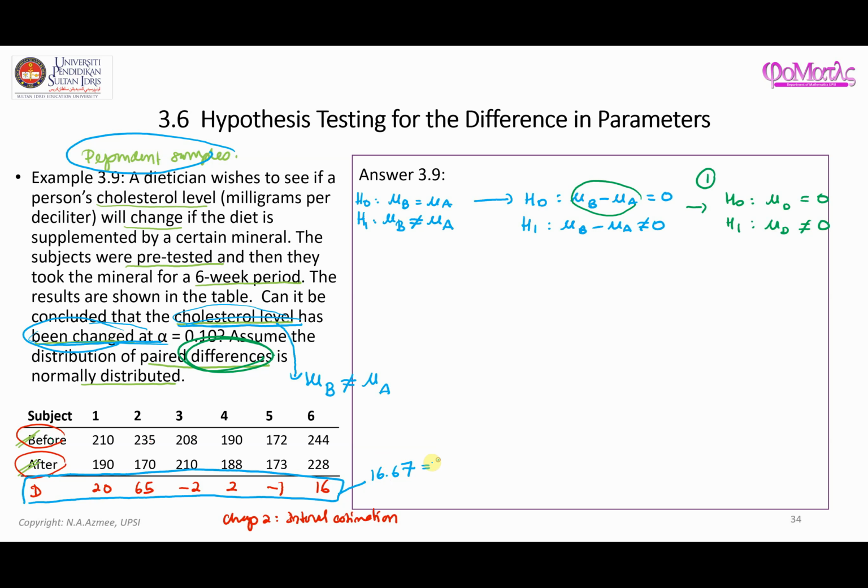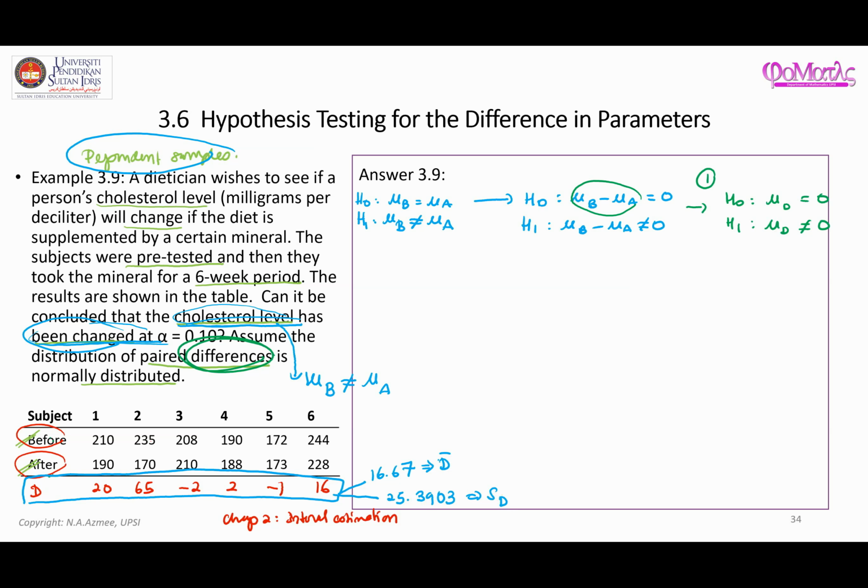I'm going to call it D bar, the mean of the new data set, which is represented by D. And then you can find the standard deviation of this data set. The standard deviation is about 25.3903. So that is the standard deviation for this new data set D.